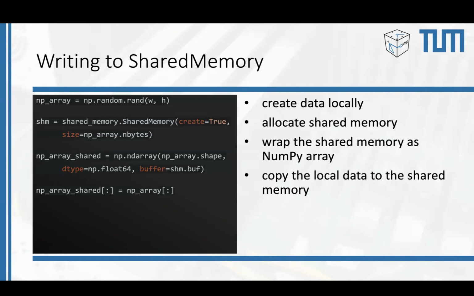So you can tell shared memory how many bytes you want and that you want to create it. Once you have allocated the shared memory, you can wrap it with the NumPy structure. So this is the second NumPy array now. This is wrapped around the memory that you have allocated, right? And then you copy your prototype into the shared memory, right?